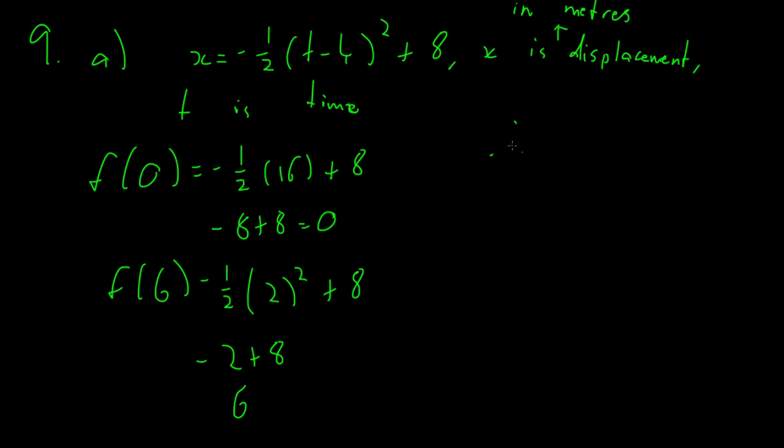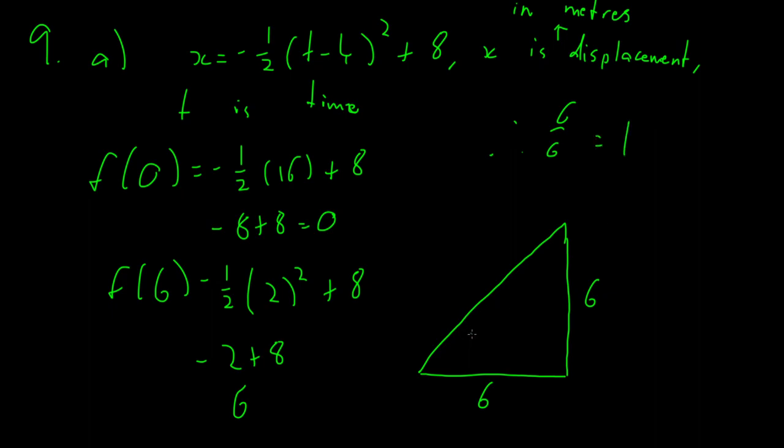So we've got 6 meters across. So if we look at time, that's 6. This is distance, which is 6. We do rise over run, 6 divided by 6 equals 1. So this is going to be the final answer.